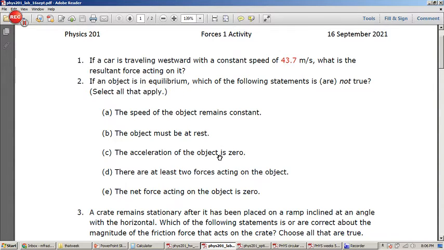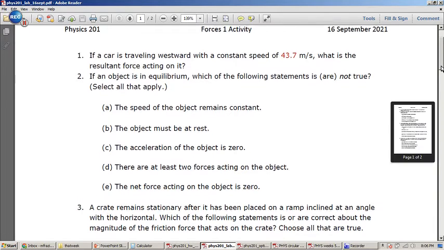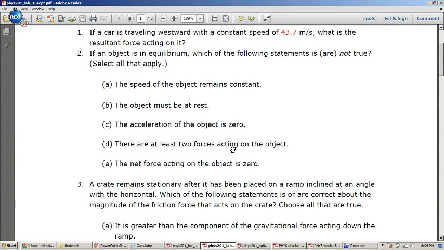Again, if it's in equilibrium, is the acceleration 0? If the object's in equilibrium, does there need to be two forces on an object? Right? One would not be in equilibrium, but there could be 0 forces. There could be more than 2 forces. And then, what does equilibrium mean? What does it mean about the net force? Which, if you've been listening carefully, I've kind of given you the answers to this.